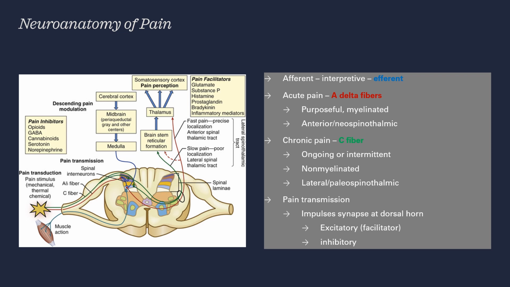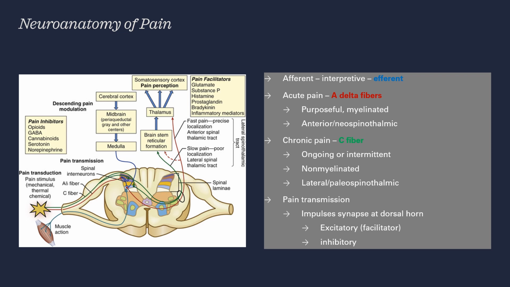Our other nociceptors are there to indicate dull, aching, burning, or chronic pain. And these nociceptors follow the C fibers. So alpha-delta fibers for acute pain and C fibers for chronic pain.